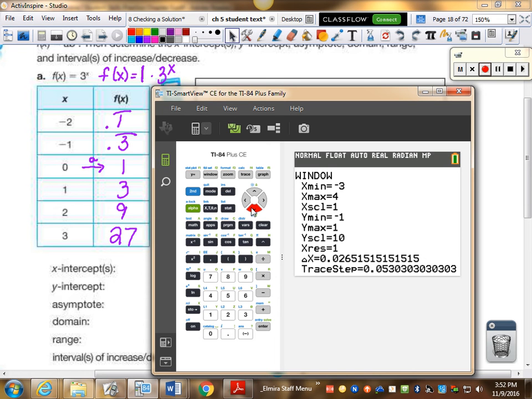But I'm going to put my maximum as 30, because my highest value is 27, and I'm going to count by 5s. Why count by 5s? Because if I don't set it to count by something other than 1, it's going to make 31 hash marks on that tiny screen for the y-axis, and that's annoying. So we want to make sure we still have something visually that we can read. Then we'll hit graph.